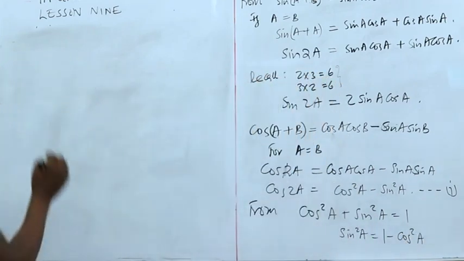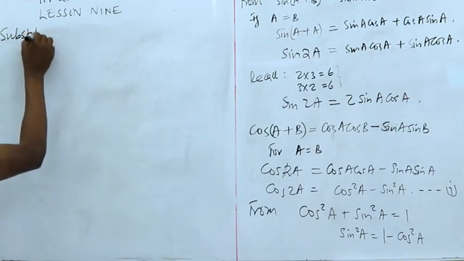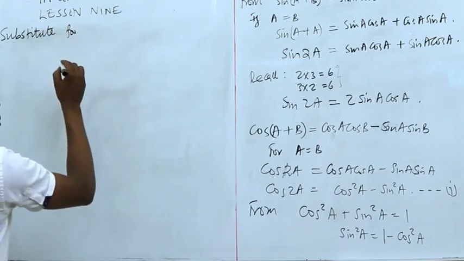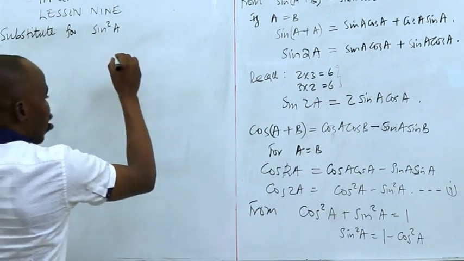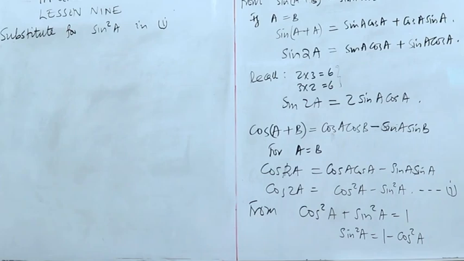Okay? Now you substitute for sine squared A in equation 1.